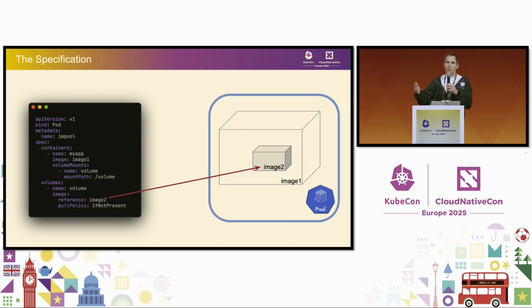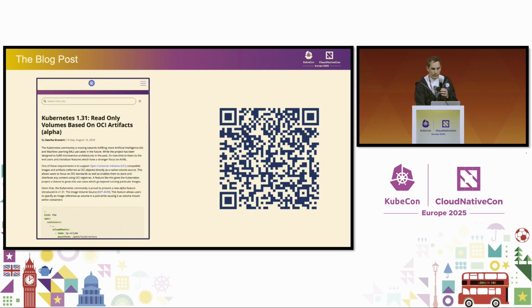That opens up a lot of new use cases that you will be able to do with Kubernetes. There is a blog post that Sasha has written, that talked about Rust before. In version 1.31 of Kubernetes, we introduced this as an alpha feature, and it will become a beta feature in the next release, Kubernetes 1.33.